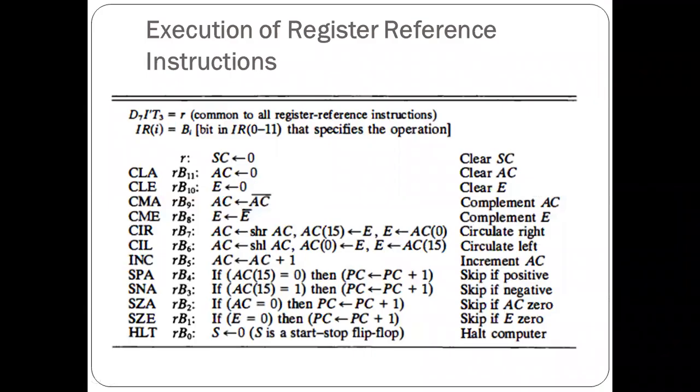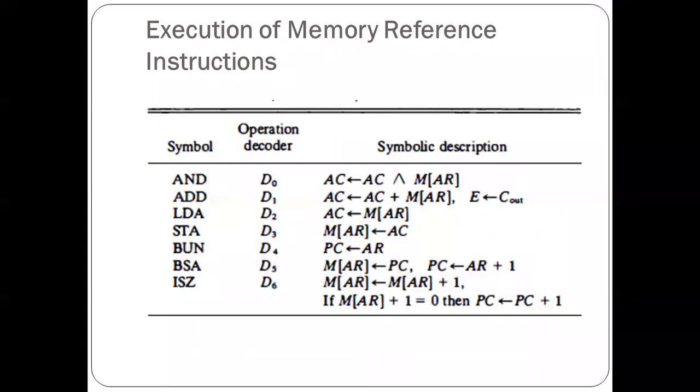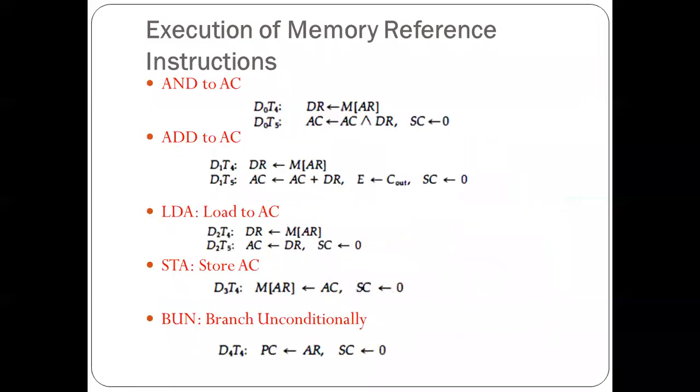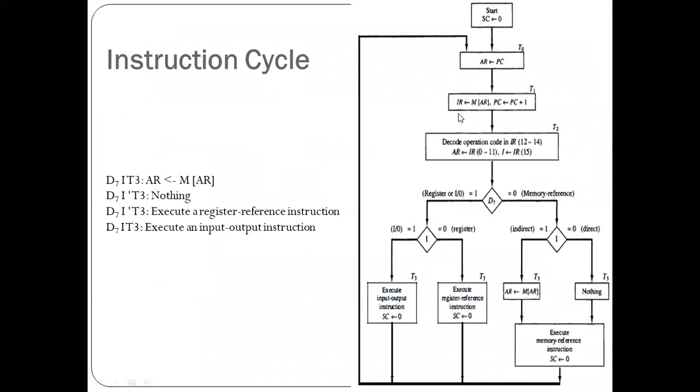So these are the list of execution of register reference and memory reference instructions. Till T3 we have seen. After that, what is happening under memory reference, IO reference, and register reference, we will see in the next class.